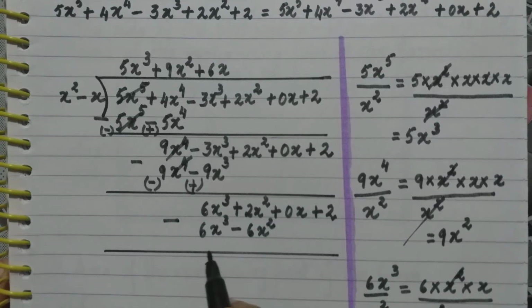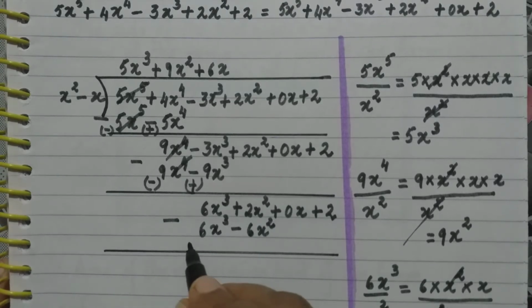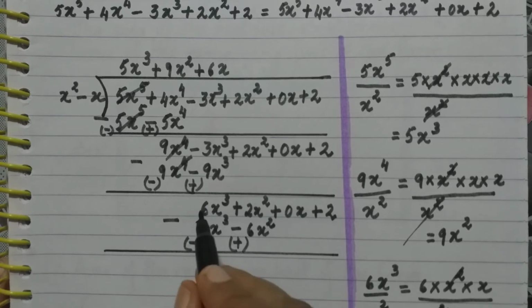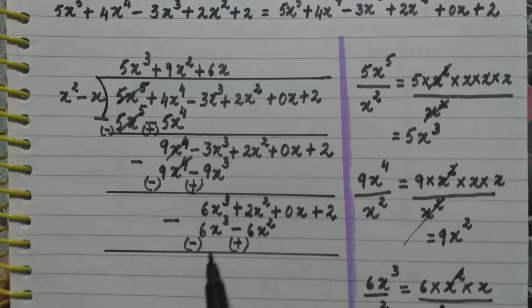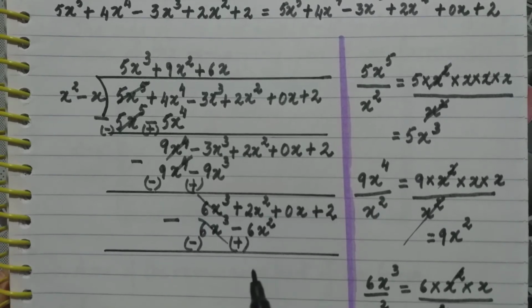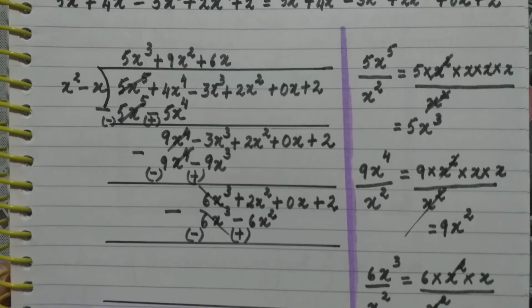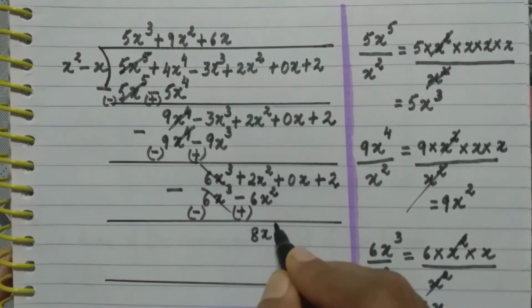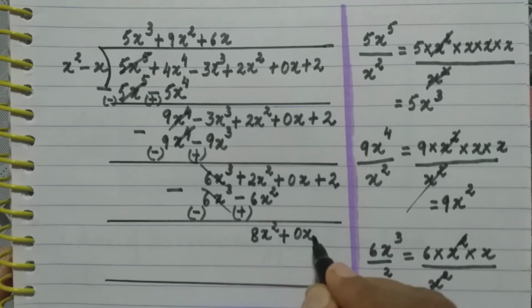The signs of this will change. So here you have minus and here you have plus. So plus 6x cube minus 6x cube cancels. Plus 2x square plus 6x square becomes 8x square, then plus 0x plus 2.